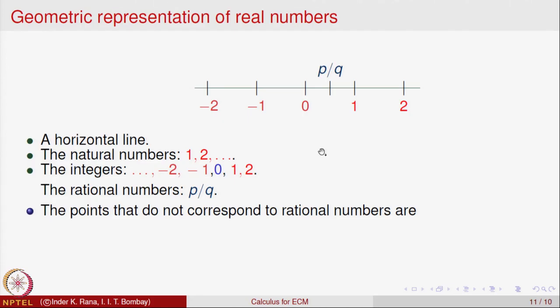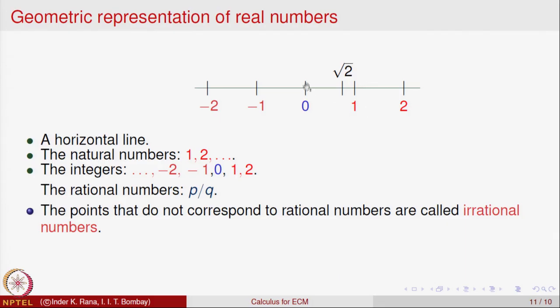So, what we are saying is there are points on the line which do not represent a fraction, and these points are normally called irrational numbers. So, for example, square root 2 is one such number. How do you get square root 2? This position is shown wrong, it should be on the right side of 1 by this unit.